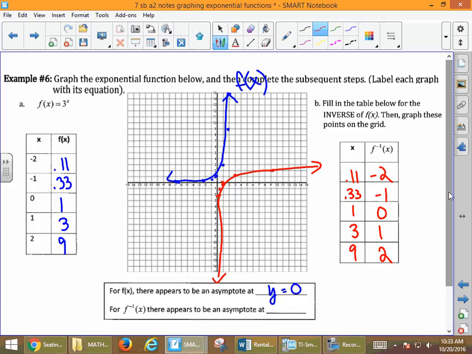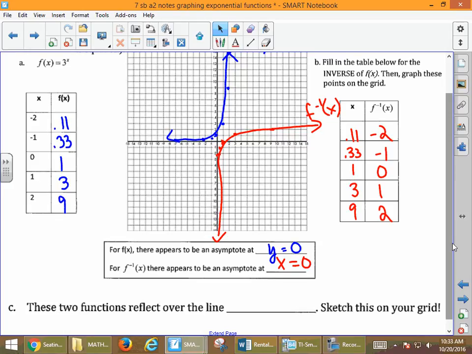What's our asymptote of our inverse function in red? Jordan? X equals 0. And on part C, these two functions reflect over what line?